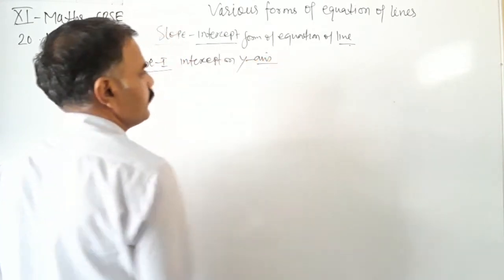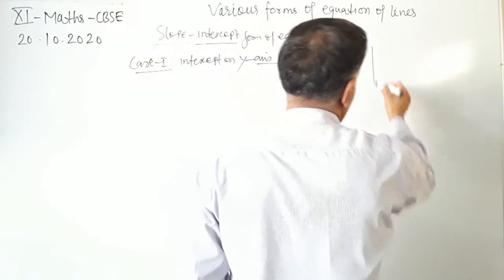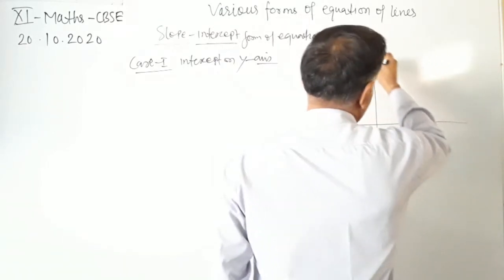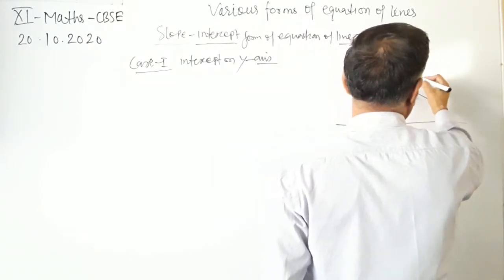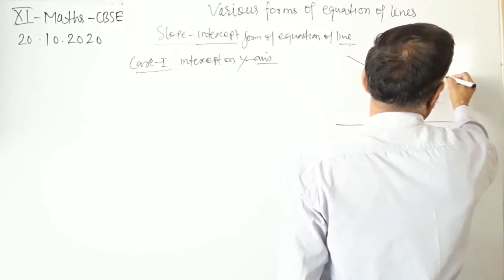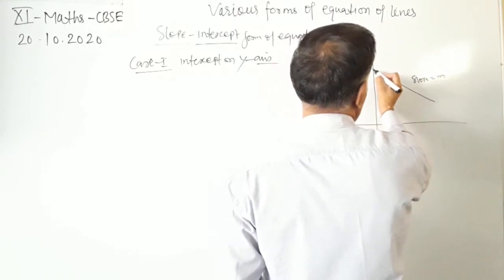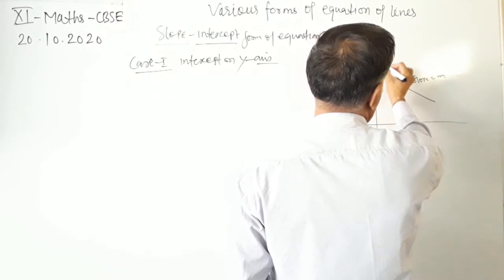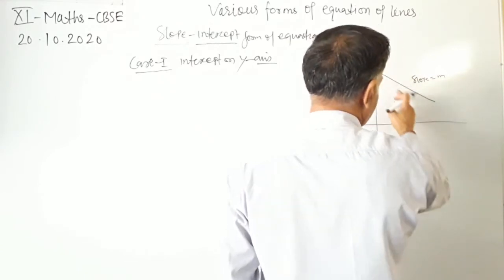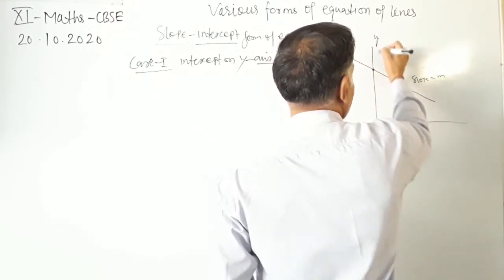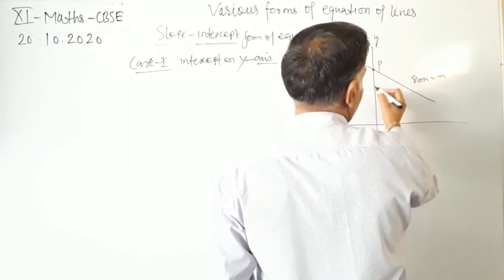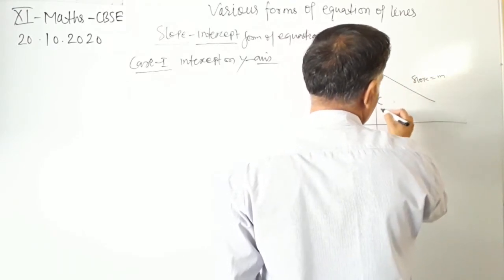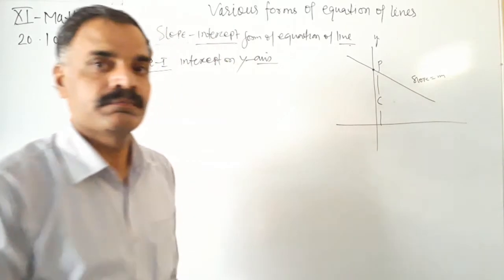So this is the line, its slope is m. Slope is given as m and intercept is on y-axis, that is this line intercepts the y-axis at the point P at a distance of c from the x-axis.